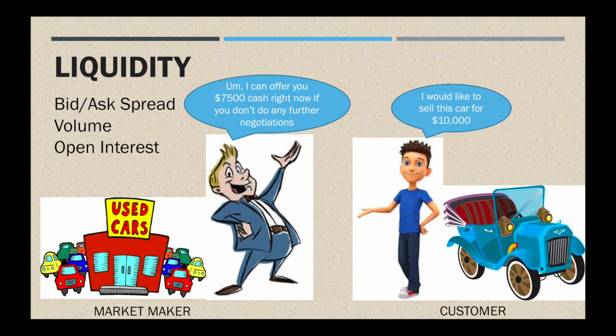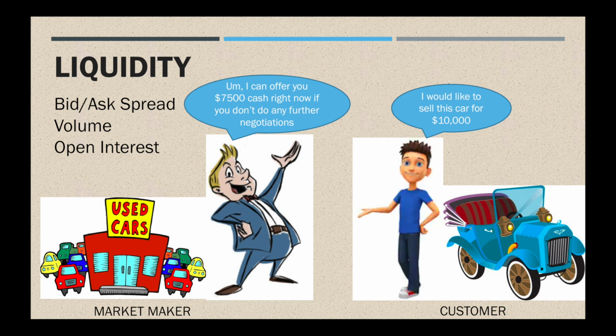Let me finish this again with the car dealership example that I gave you. So instead of selling this antique car, if you had a Tesla, which is in high demand right now, so if you went to the dealership and you told the guy that I want to sell this car for $50,000, he might buy it for 50,000, or he might even buy it for 49,500, because when he goes to his database he can see that there are like thousands and thousands of people interested in that model.